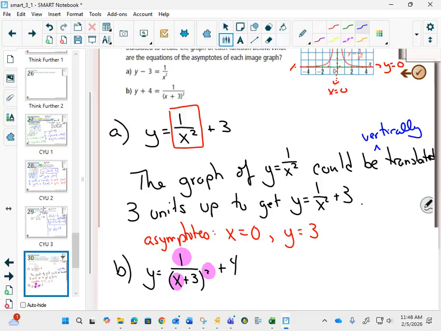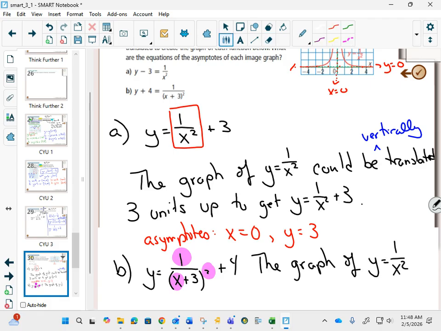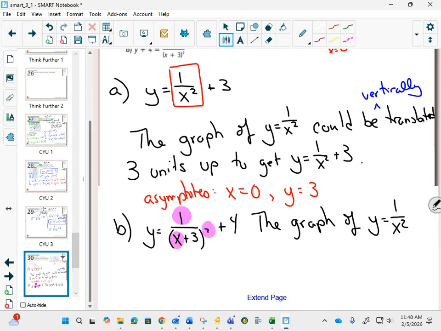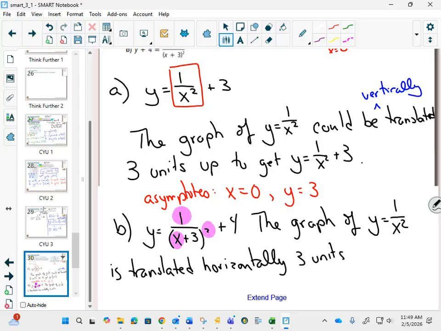So the graph of y equals 1 over x squared is translated horizontally 3 units, and x's are liars, so that plus 3 will be left or right.